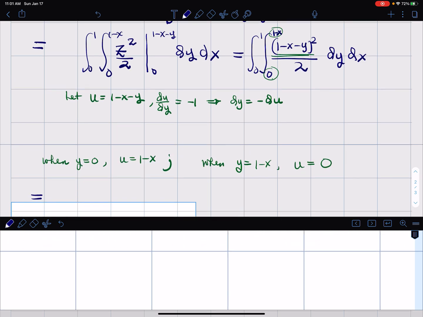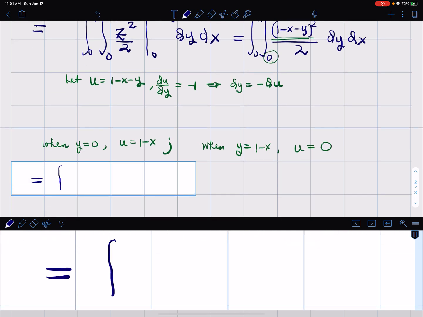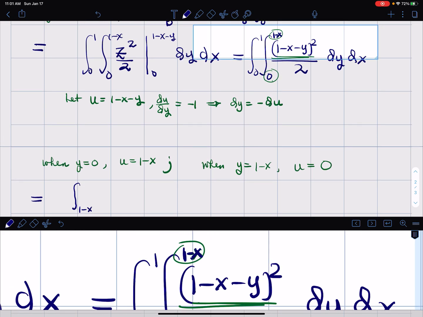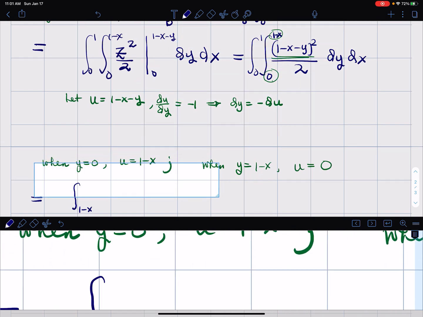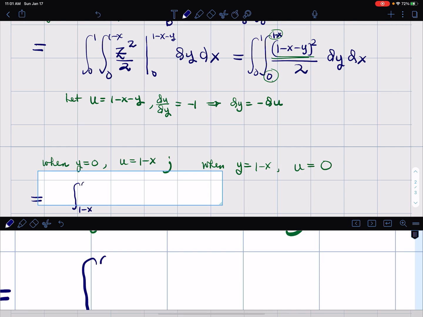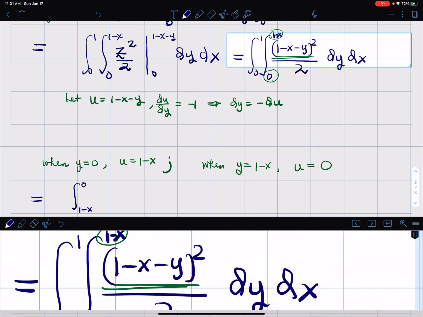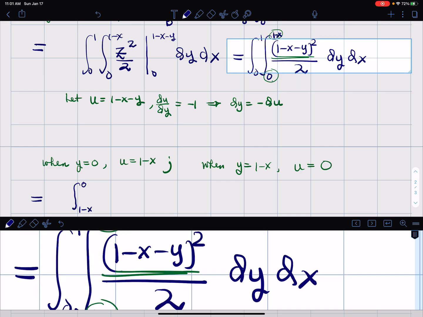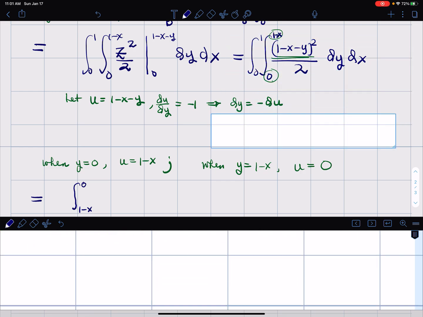This integral now goes from, when y is 0, it is 1 minus x. And when y is 1 minus x, it is 0. And remember, this is our u: 1 minus x minus y is u.